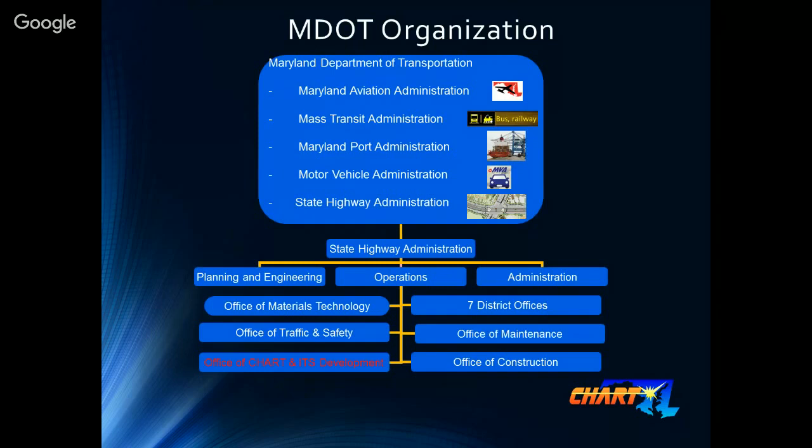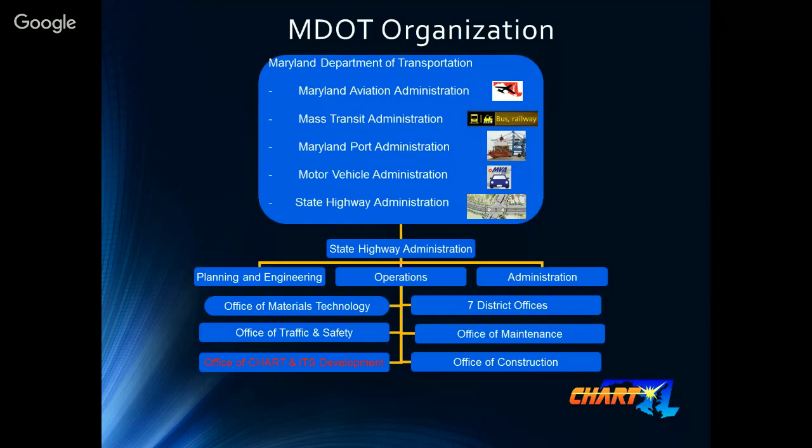Within State Highway, we're broken up into planning and engineering, administration, and operations. Within operations, we've got materials and technology, traffic and safety, district offices spread out around the state, Office of Maintenance, Office of Construction, and we actually have the Office of CHART and ITS Development, Intelligent Transportation Systems Development, which is set up as an equal office within State Highway with the district offices and the traditional engineering.